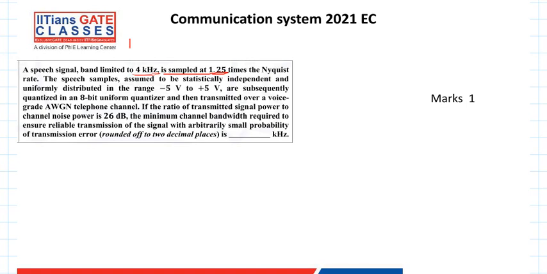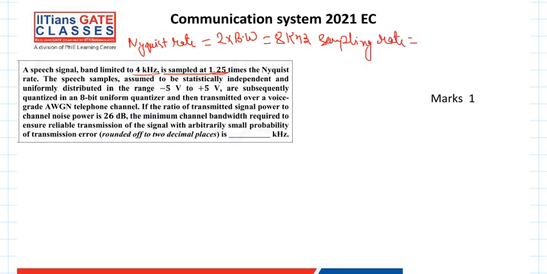First, let's find the Nyquist rate. The Nyquist rate is twice the bandwidth, and the bandwidth is 4 kilohertz, so it will be 8 kilohertz. Now the sampling rate is 1.2 times the Nyquist rate, so the sampling rate will be 10 kilohertz, which is 1.25 into 8.